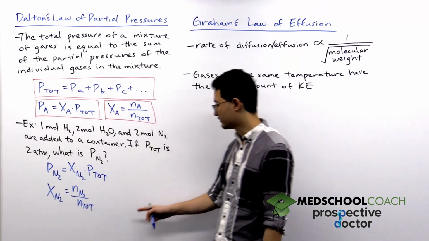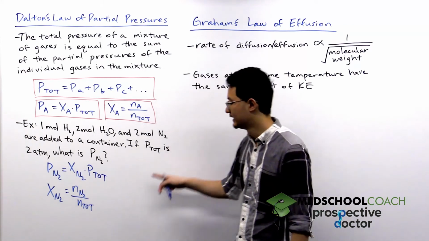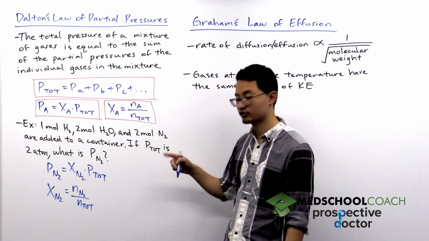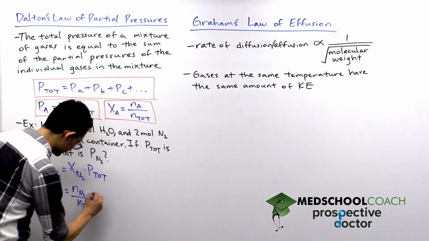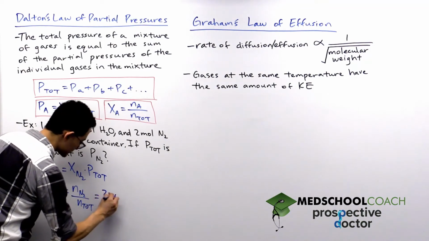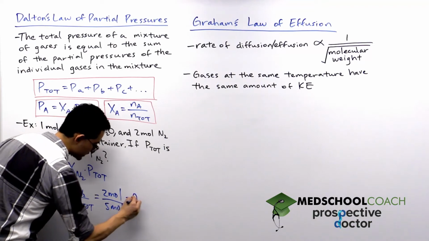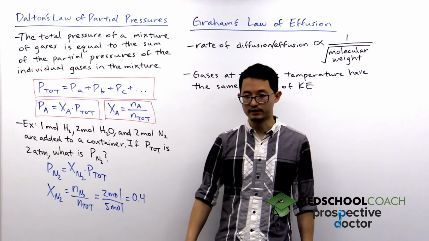So here, we know that we've got 2 moles of nitrogen. That's going to be our numerator. And we have a total of 1, 2, and 2. That's a total of 5 moles of gas in our container. So that's going to give us 2 moles over 5 moles, which will give us a mole fraction of 2/5 or 0.4.